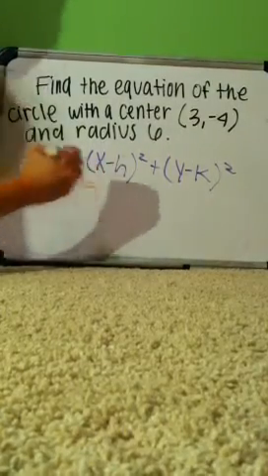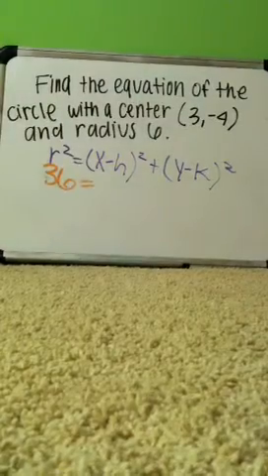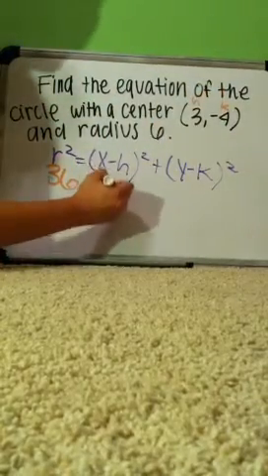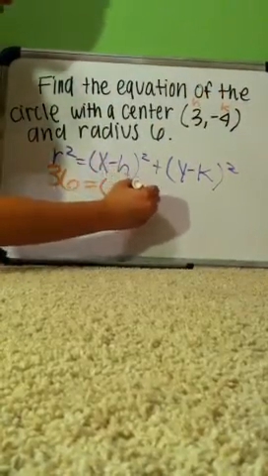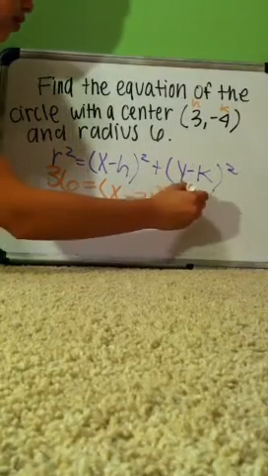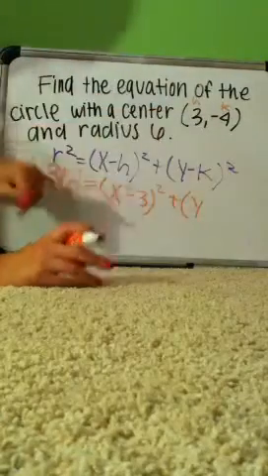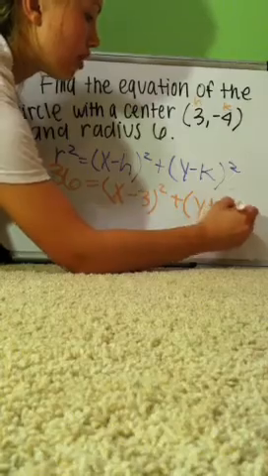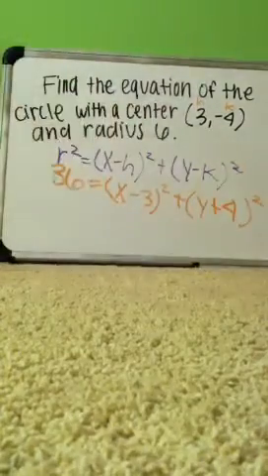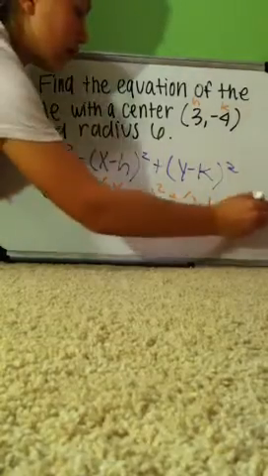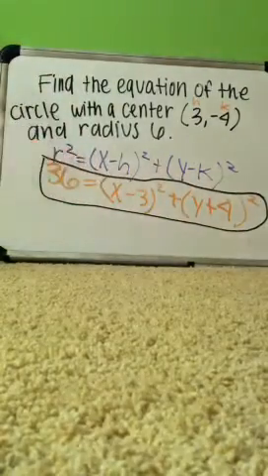The 3 and the -4, this is our h, and this is our k. So we just plug that in. So we keep the (x minus 3) squared plus (y, and our k is negative, so this becomes positive) plus 4 squared. And that is our answer.